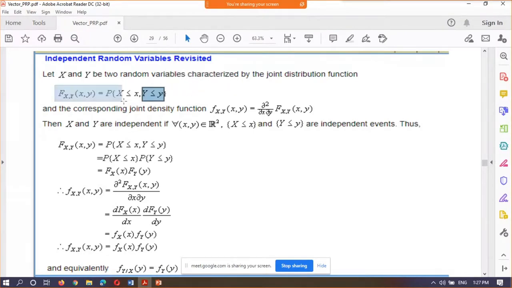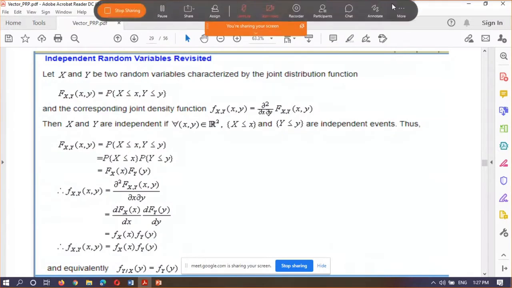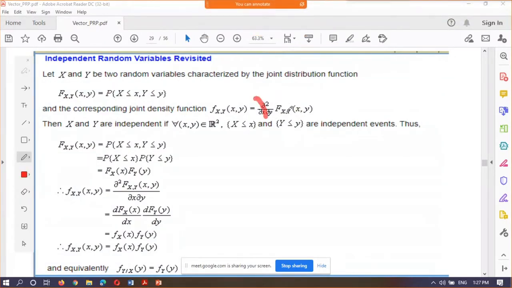And from this joint distribution function, we can calculate the joint density function just by differentiating partially with respect to x and y this cumulative joint distribution function of x and y.